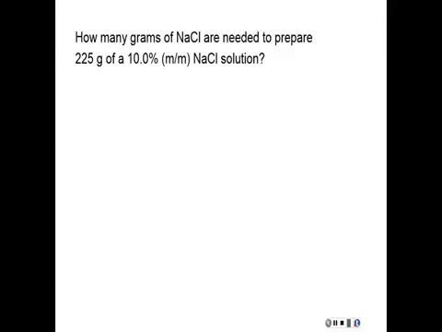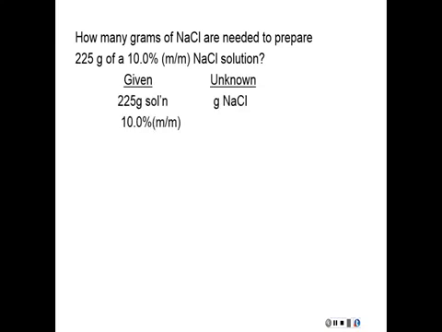So the question is, how many grams of sodium chloride would you use? So we're given 225 grams of solution, and we have our percent. The first thing is to really take that percent apart. Percent means 10 grams of NaCl for every 100 grams of solution. Now we want 225 grams of solution, so that's going to be more than 10 grams of sodium chloride.